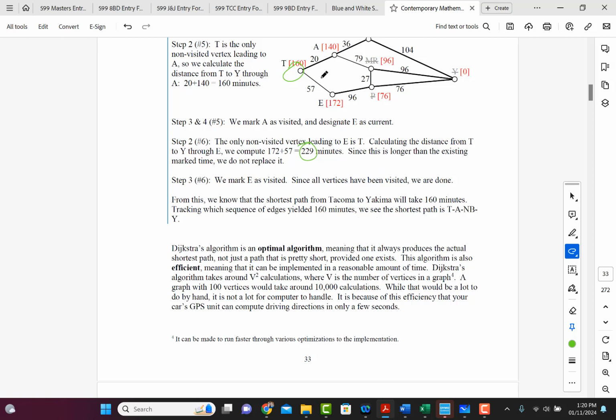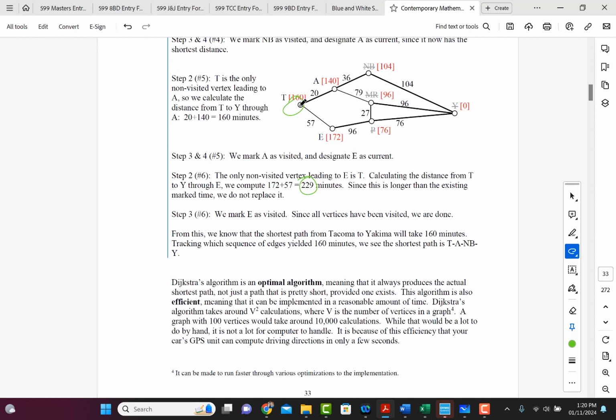So how do we do that? The shortest path is going to be this, along the green line.